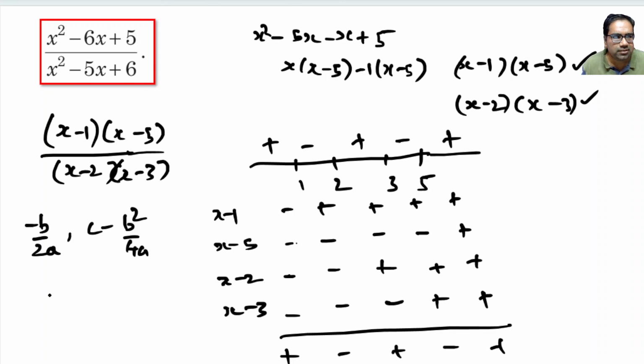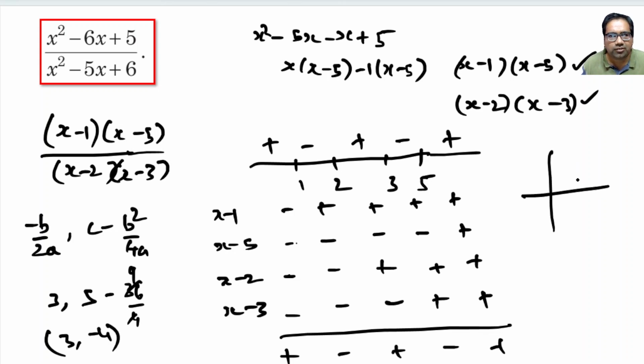That is 6 by 2, which is 3, right? And c minus b square by 4a: what is c? 5 minus b square, b square is 36 by 4, right. This is nothing but 9. 5 minus 9 is minus 4. So (3, minus 4) is the vertex.